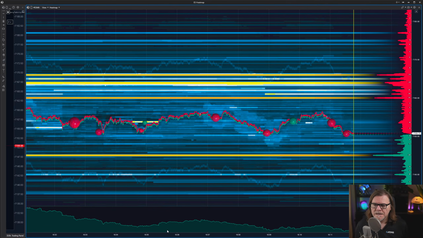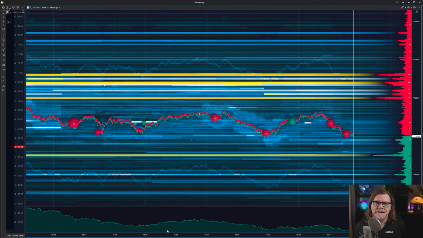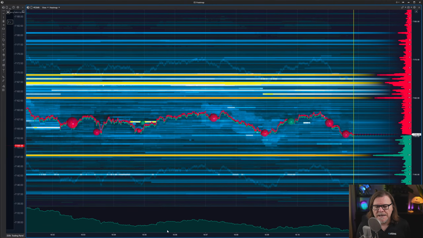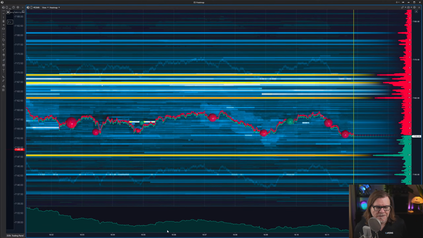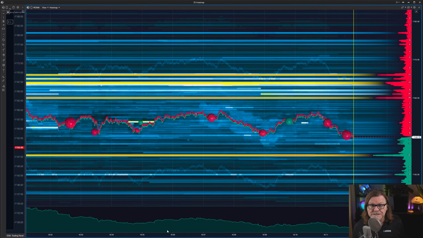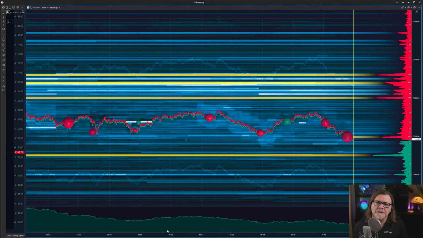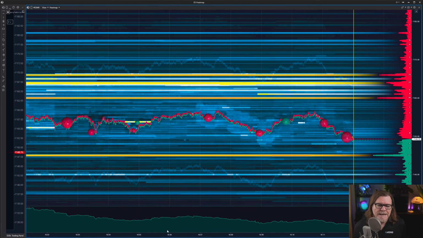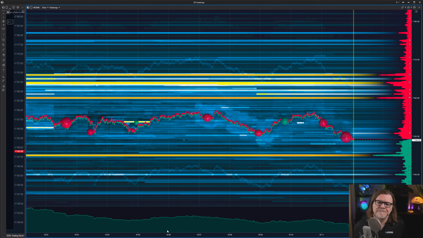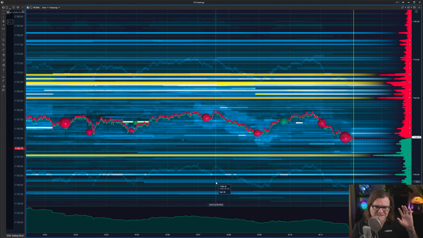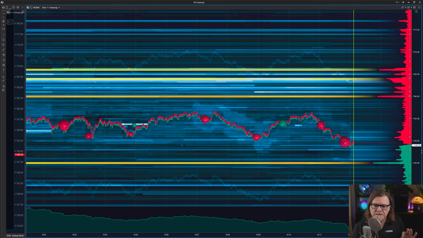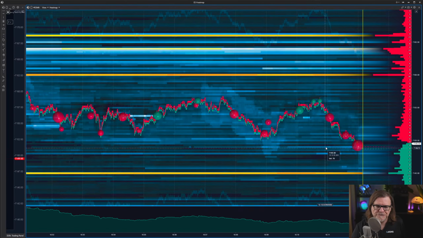That means that we are going to add other features and other elements, such as indicators, such as the possibility of drawing at the heat map, and other stuff.